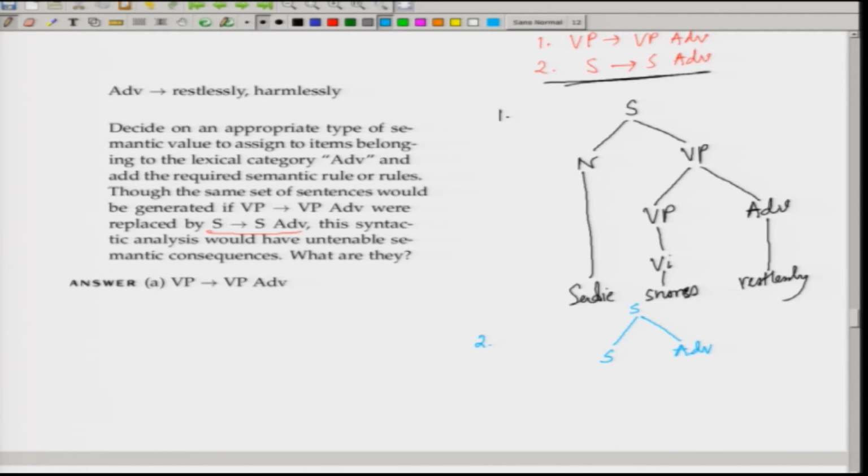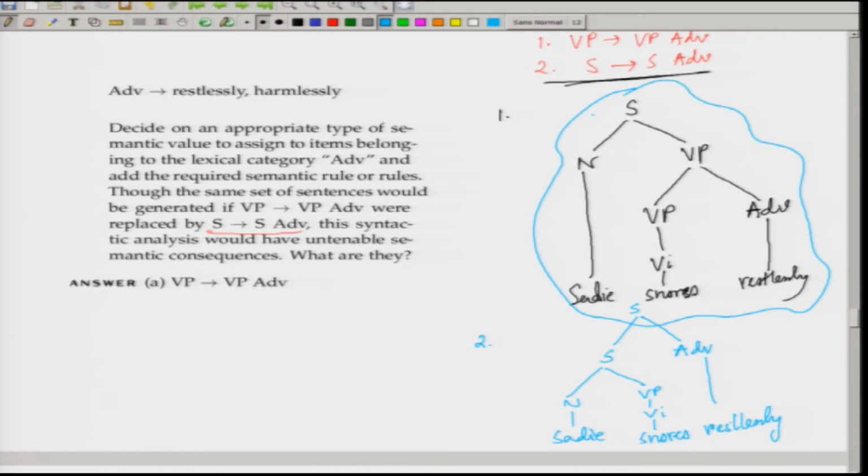This also seems to be a good option, and then this S goes to N and VP, VP goes to VI, VI goes to snores, and N goes to Sadie, and ADV goes to restlessly. Now, both seem to be good options, but the book says that this is the right option, because this option will have undesired consequences.